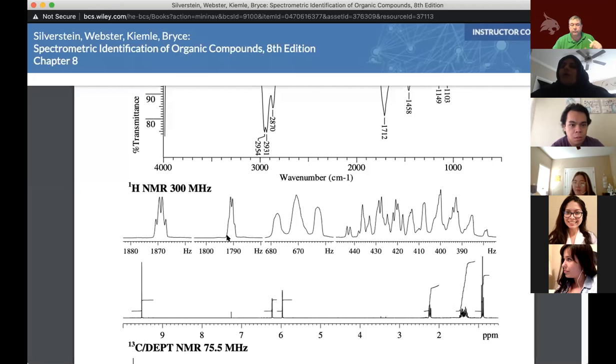How do you read the above one? Is there any short way to compare which peak belongs to which peak? Well, if you divide this number by 300, that'll tell you where it is on the ppm scale. Whatever megahertz NMR you have, you take the hertz and divide by that megahertz, the 300, and that gives you ppm always.